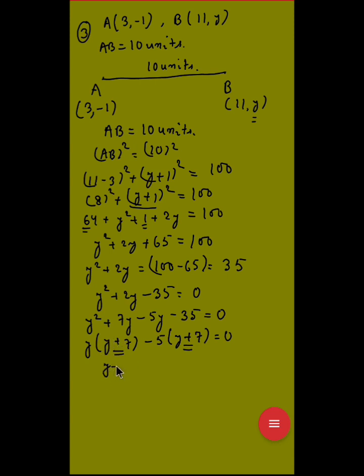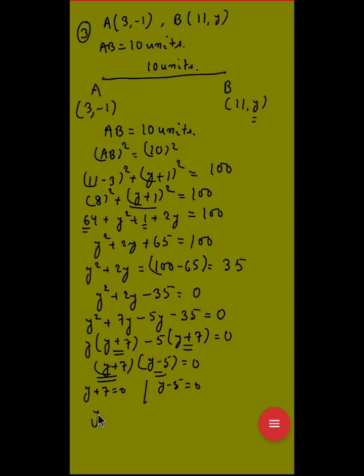So this will give (y plus 7) times (y minus 5) is equal to 0. Either y plus 7 equals 0 or y minus 5 equals 0.